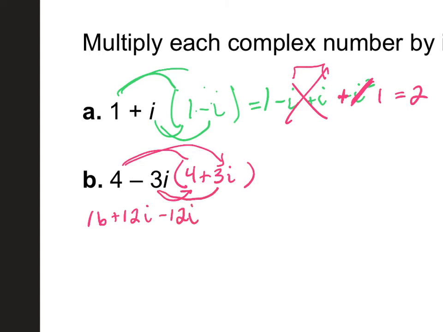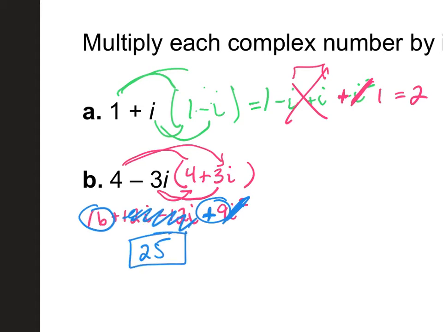And -3i and positive 3i is minus 9i squared. I see i squared, what do I do? Cross out the i, change the sign. So my reals are 16 plus 9, which is 25. And then what happens with a positive 12i and a negative 12i? They cancel out. So I'm left with 25.